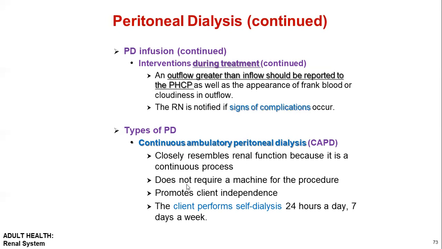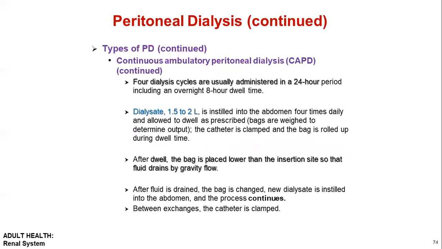Ambulatory means movement. It closely resembles renal function because it is a continuous process. It does not require a machine for the procedure, promotes client independence, and the client performs the self-dialysis 24 hours a day, 7 days a week.